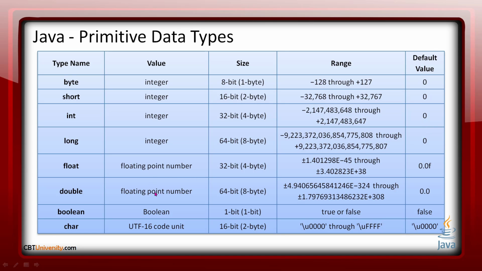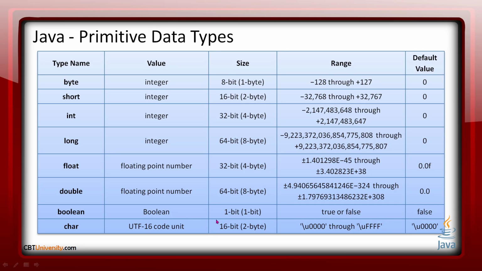And we have 2 floating point number data types. They are float and double. Float is 32 bit and double is 64 bit. For float, you need to specify f. The default values are 0.0f for float and 0.0 for double.